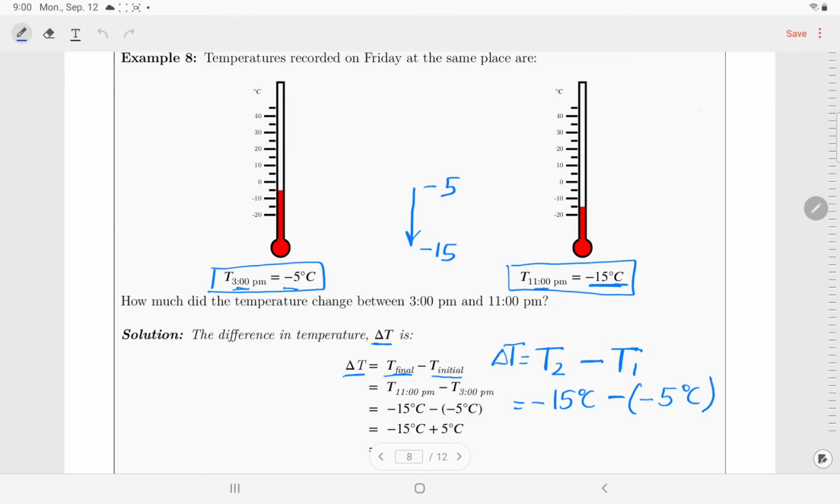Notice it is not minus 5, it is minus, and T1 is negative 5. Remember that subtracting a negative value is the same as adding its positive. So we have negative 15, positive 5. That means the answer is negative because the negative value is larger. 15 minus 5 is 10. So the temperature dropped 10 degrees Celsius.